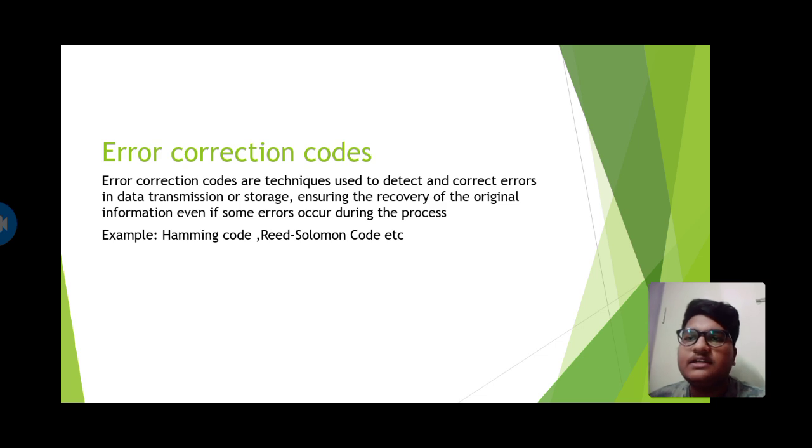Here, detection is used only to find the position of the error, but in correction the code is changed, and correction is done at the corresponding position where the error is originally present. For error correction codes, we use examples such as Hamming code, Reed-Solomon code, etc.